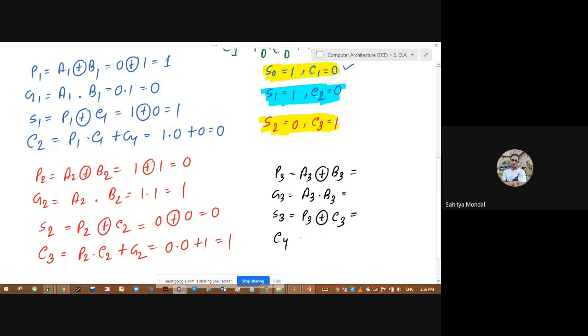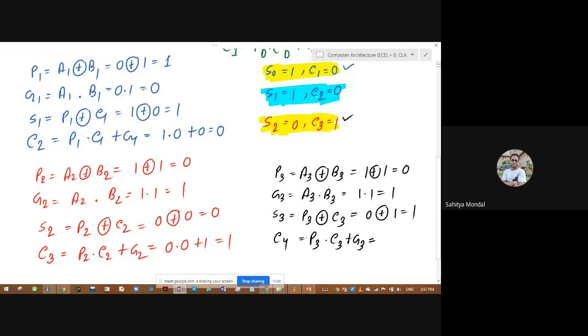C4 equals P3 AND C3 OR G3. So both are 1, so XOR gives you 0. A3, B3, both are 1 and AND gives you 1. P3 is 0. 0 XOR C3, the previous value, that is 1. 0 XOR 1 gives you 1.